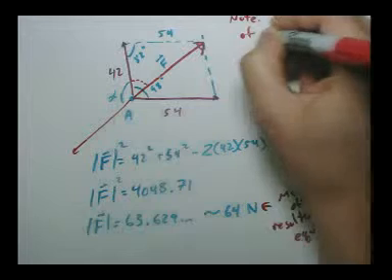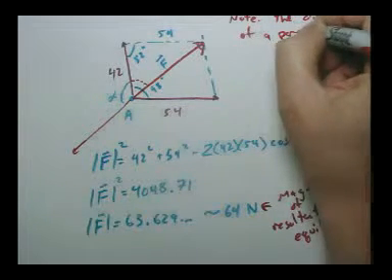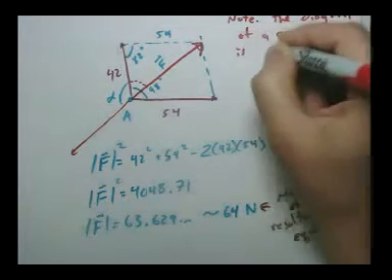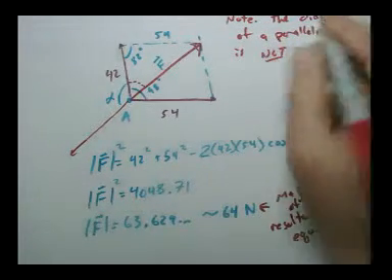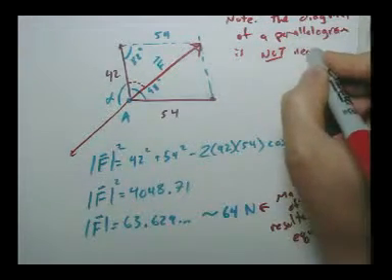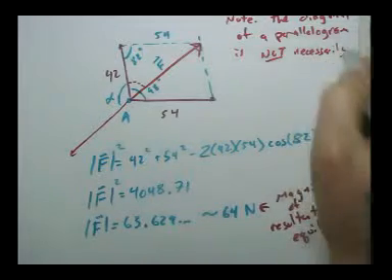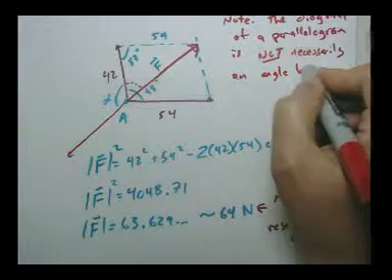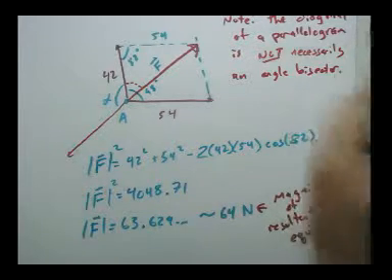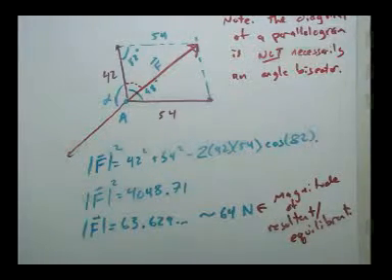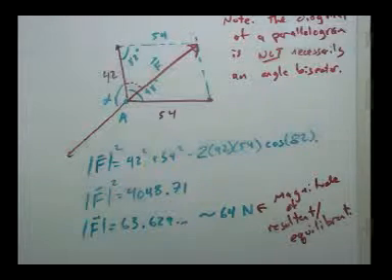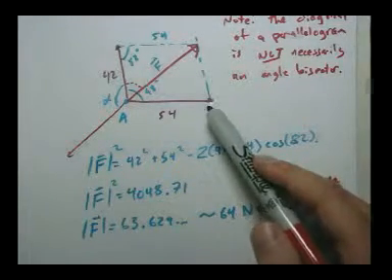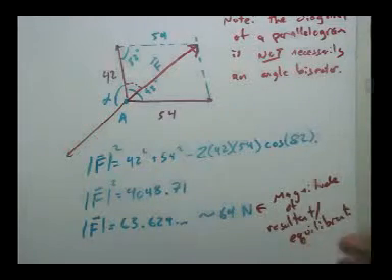The diagonal of a parallelogram is not necessarily an angle bisector. It is if you have a square. If your parallelogram is a square, then it's totally an angle bisector. But as we can see, this is not a square, so we don't have an angle bisector.